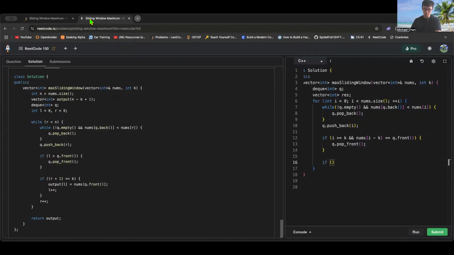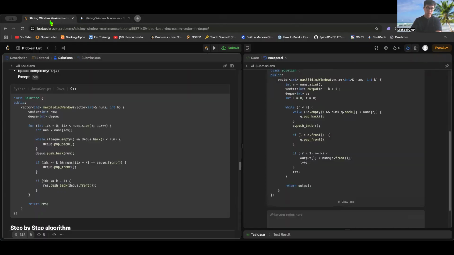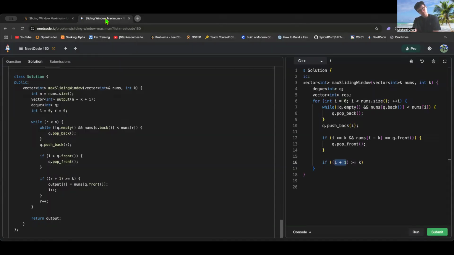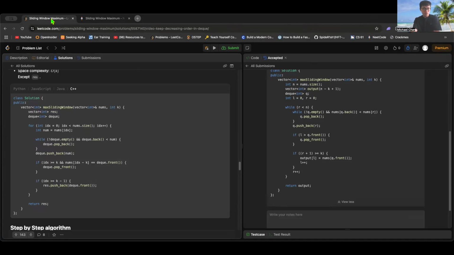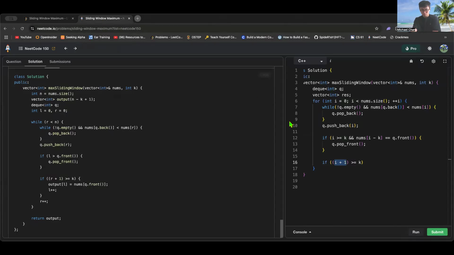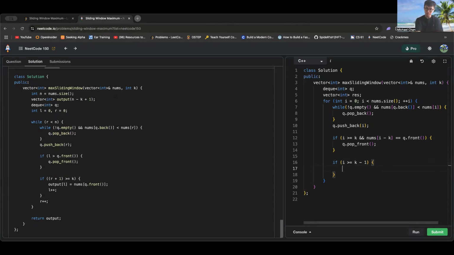If, i plus 1, if i is bigger or equal to k minus 1, then what do I do?